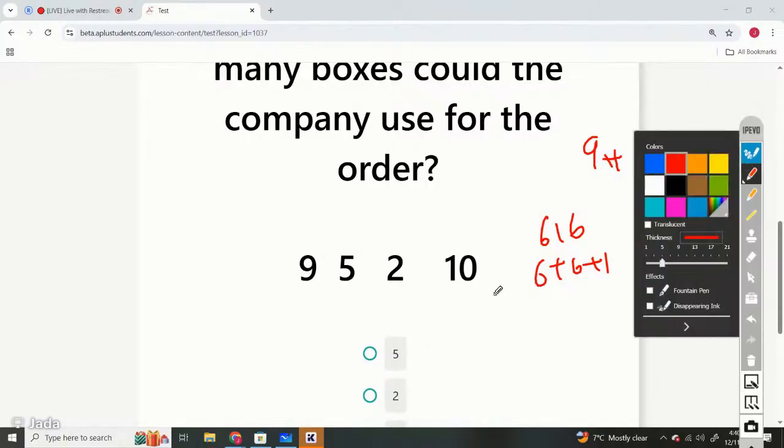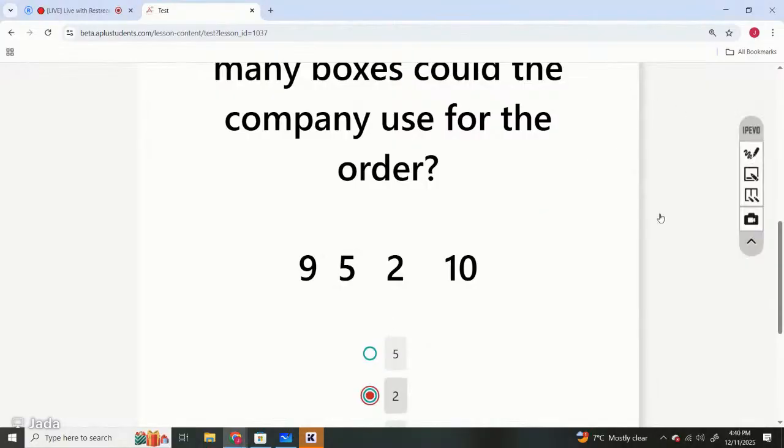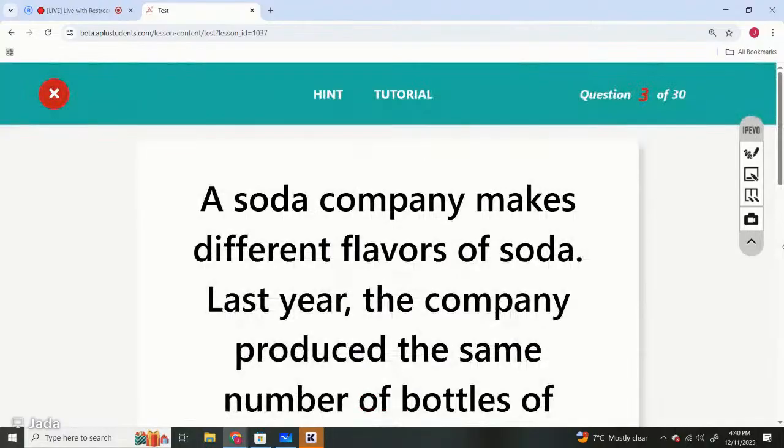That is 2. 2 is the only number that can divide 616. So, the correct option is 2. Okay, you can complete the lesson by yourself later today.